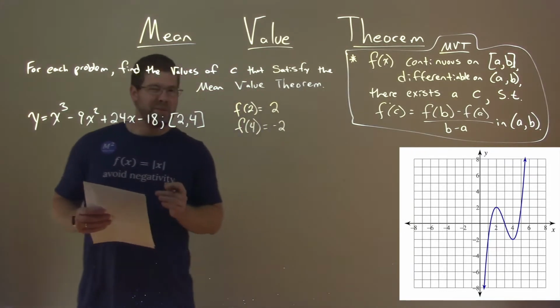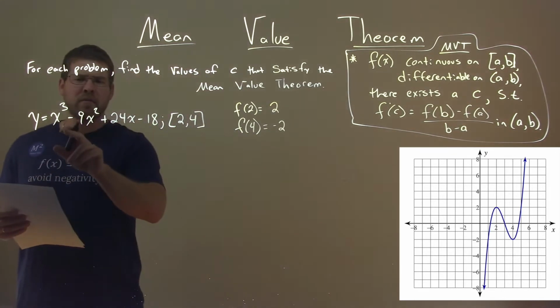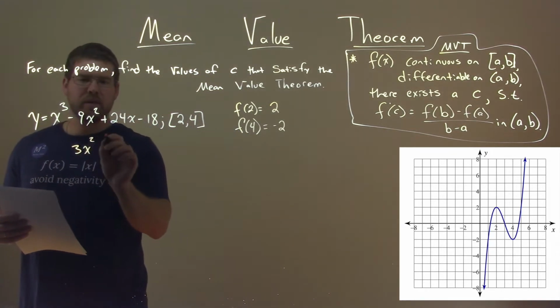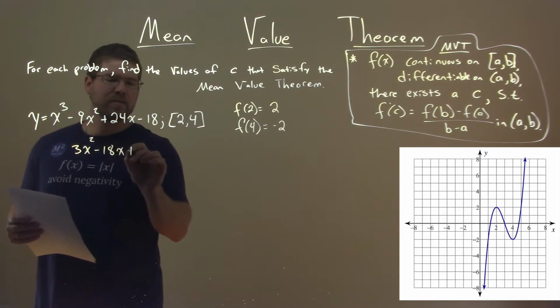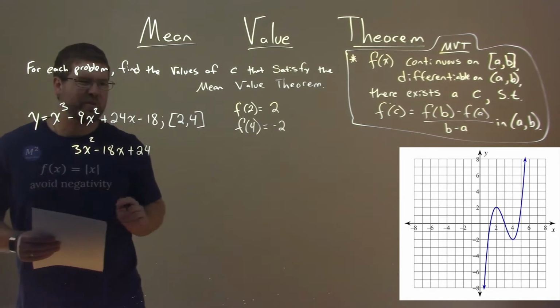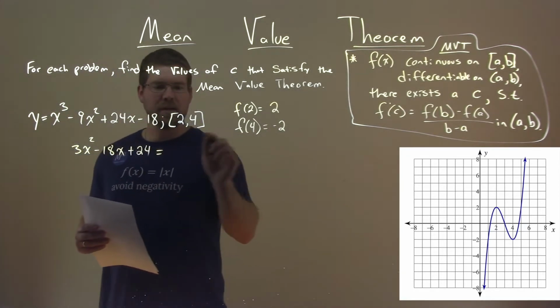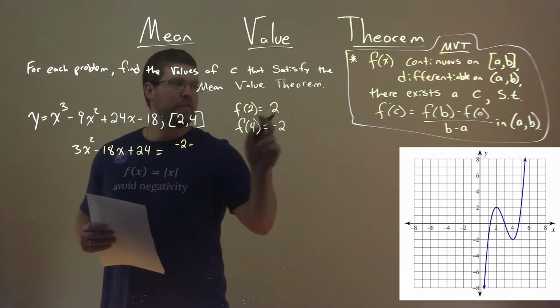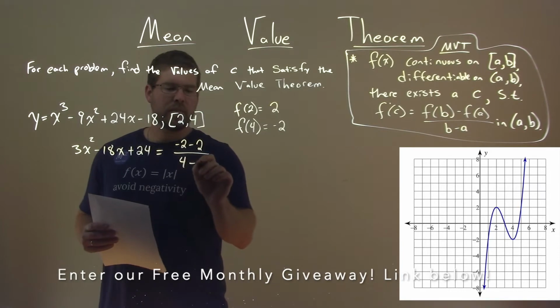Now that we have those values, we can apply our mean value theorem. We take the derivative of our function, 3x squared minus 9 times 2 is 18x, plus 24. And there's our derivative. We set it equal to, using our formula, f of b, negative 2, minus f of a, 2, all over b minus a, 4 minus 2.